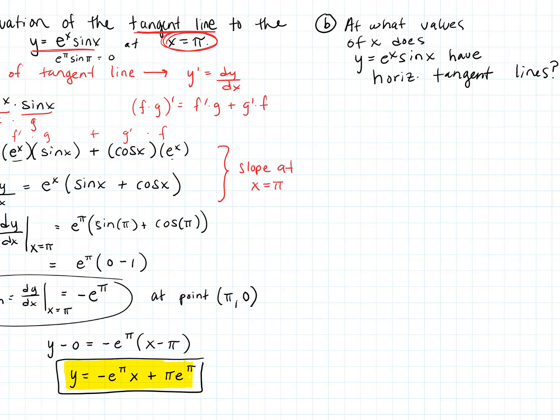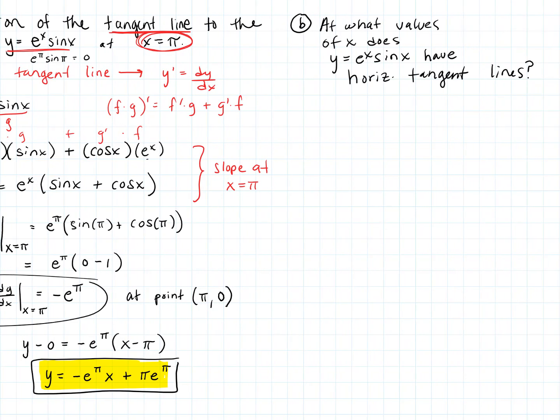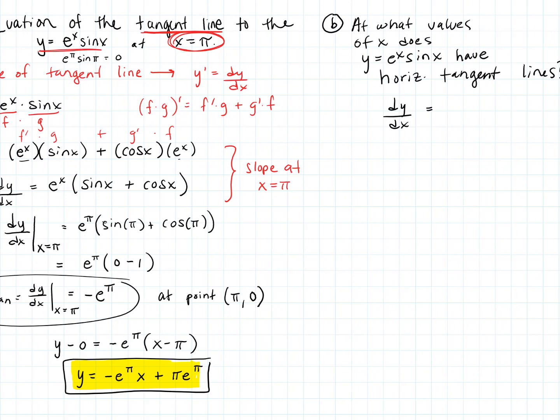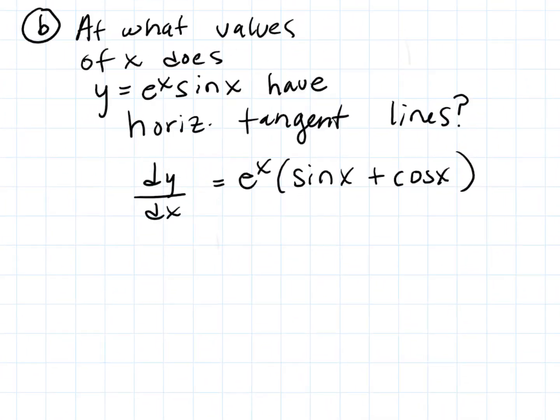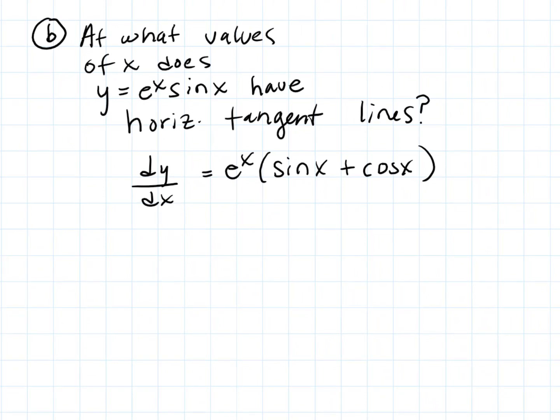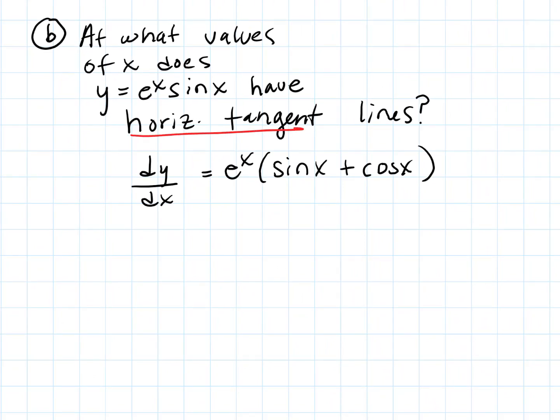Since we already have the derivative, this is now just an exercise in determining when the derivative is equal to 0. So we already know that dy dx is equal to e to the x times sine of x plus cosine of x. So let's figure out at what point that derivative would be equal to 0, because that's what it means to have a horizontal tangent line.